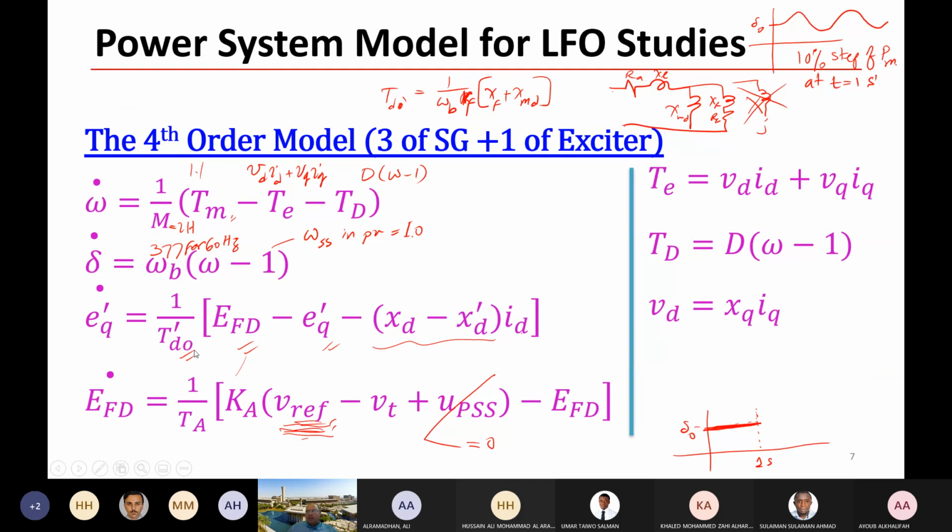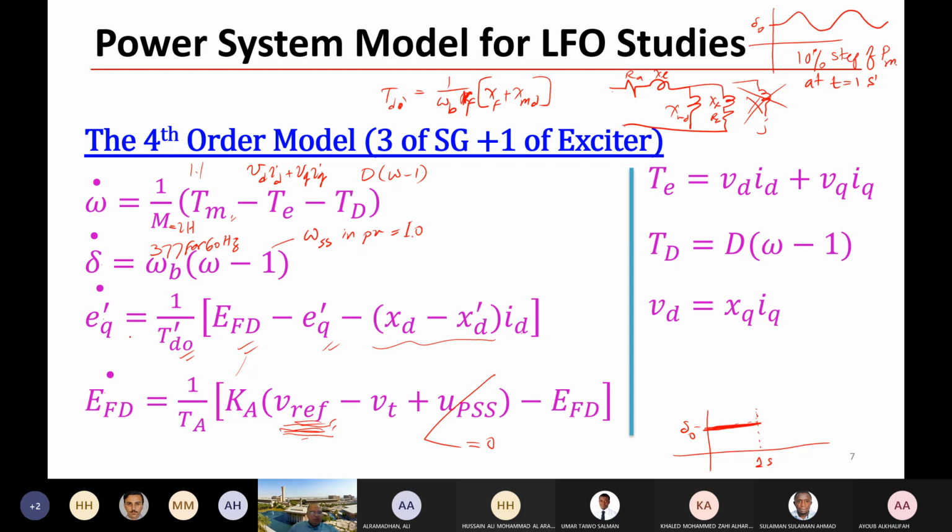When we say initial condition or a steady state operating point, these derivatives equal what? Zero. This is at steady state, so EQ prime dot equals zero. Now EQ prime has a value and we already calculated it.